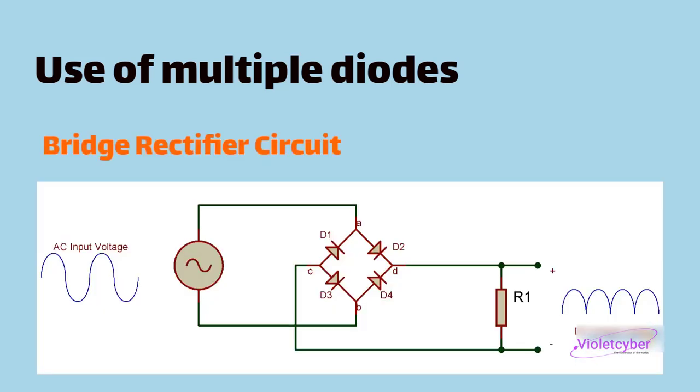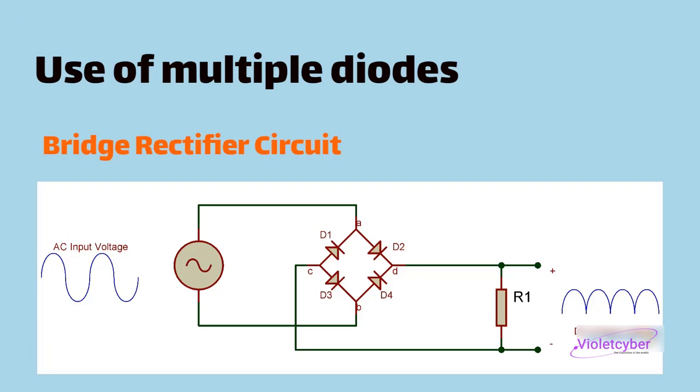The third one, bridge rectifier circuit. A bridge rectifier is a specific circuit commonly used for full wave rectification. This circuit consists of 4 diodes arranged in a specific way to convert alternating current to direct current. Features and applications. Full wave rectification.